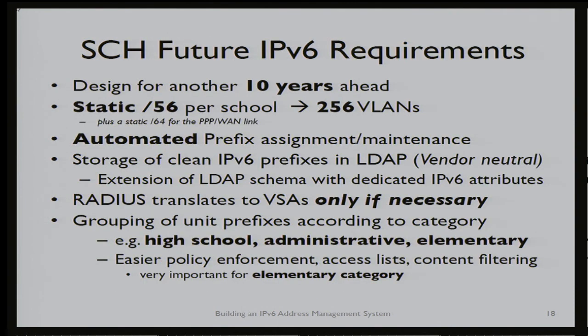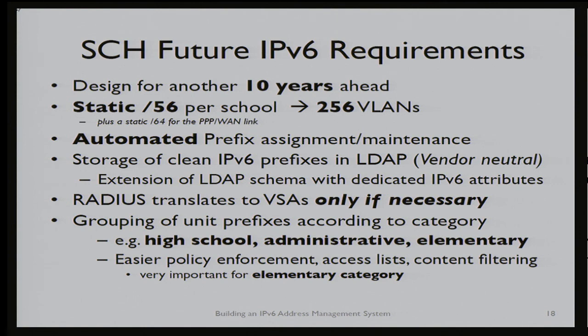So basically we sat down and thought, let's design the IPv6 setup that we're going to have on the Greek school network for the next 10 years. So we'll try to design for the next 10 years ahead. This time we'll assign a static /56 per school, which means that each school or administrative unit will be able to enumerate a maximum of 256 VLANs.